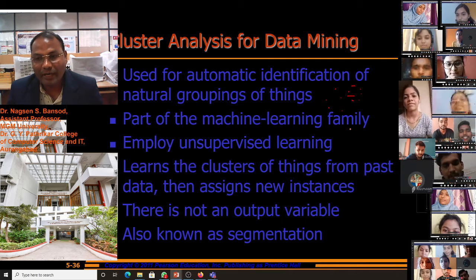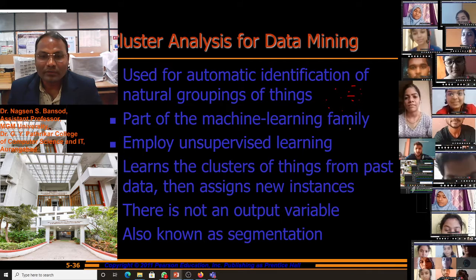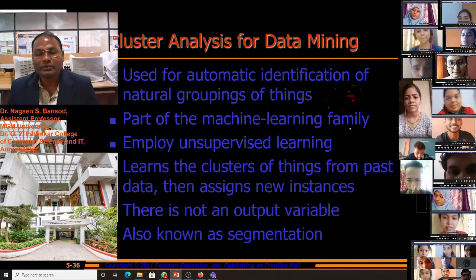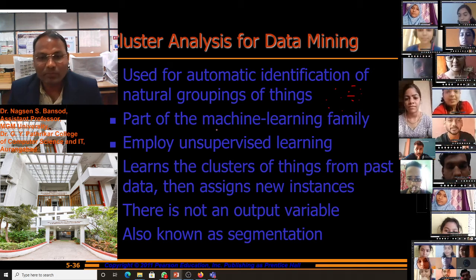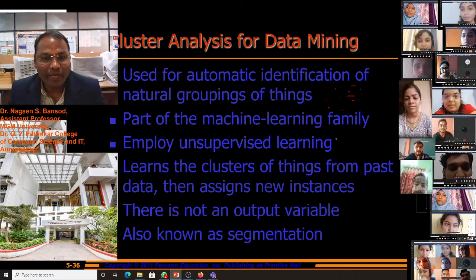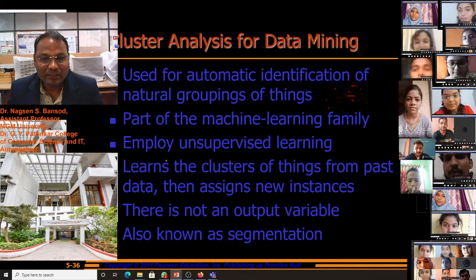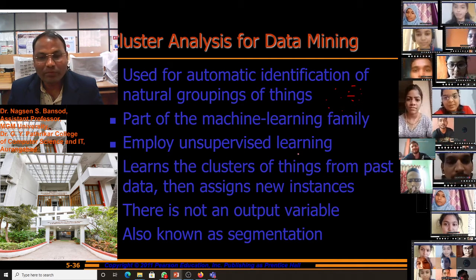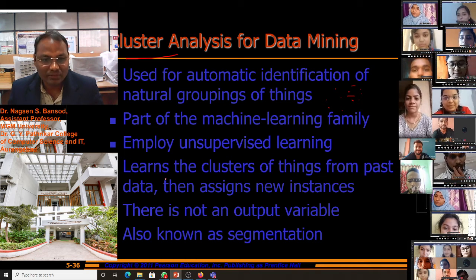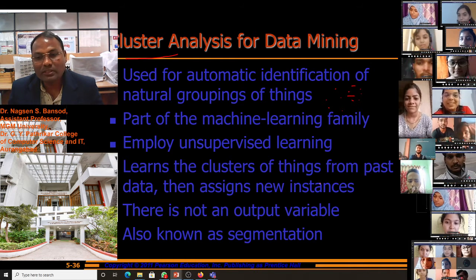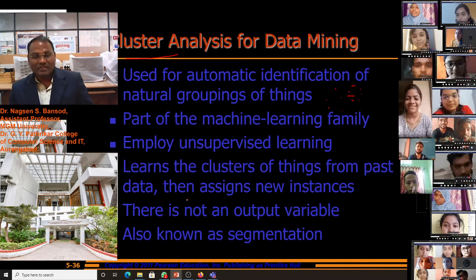We have to find the values of a centroid, or there we can use K-means, like that. This is part of the machine learning family. We employ unsupervised learning and supervised learning. Unsupervised learning we use for cluster analysis, to learn the clusters of things from past data, then assign new instances.